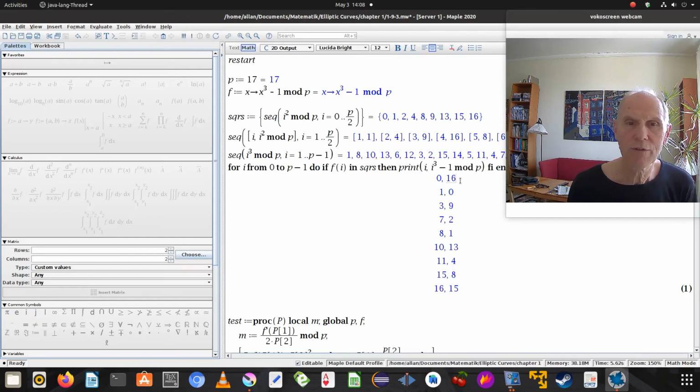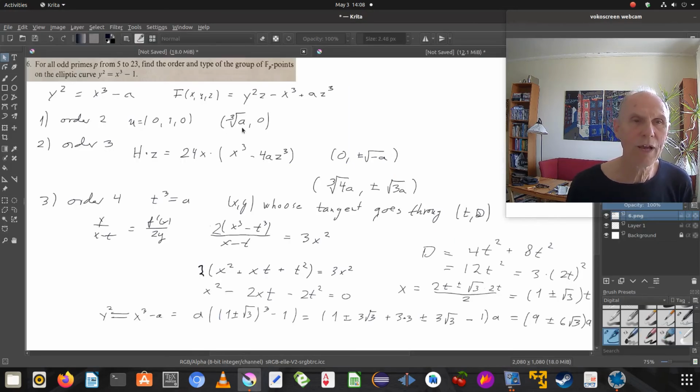We do have a square root of -1, and we don't have a square root of 3. Therefore, we have exactly 0 plus minus square root of -1. So we have 2 points of order 3. And we will just write them up.